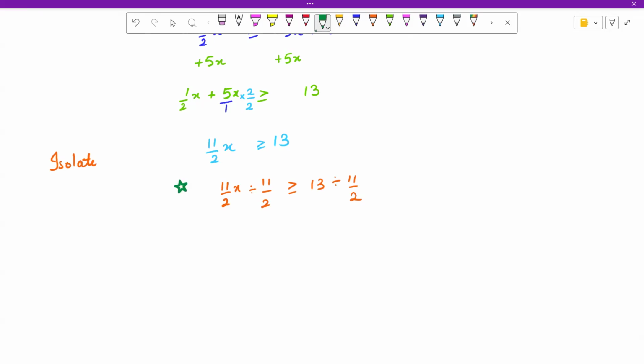Now can I write the answer as x is greater than or equal to 13 divided by 11 over 2? We have to solve 13 divided by 11 over 2. It's not solved yet, right? So what do we do? There is a division symbol, and 13 over 1. Yes, we can do that.